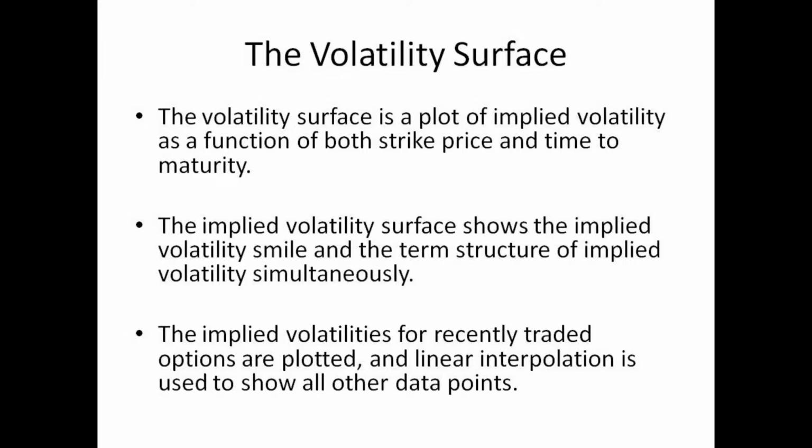And so the implied volatilities for recently traded options will be plotted in this. Now, often when people look at things like the smile, if you have a Bloomberg terminal and you pull up a chart of the volatility smile or of the volatility surface, you might sometimes see quite unusual spikes in that.